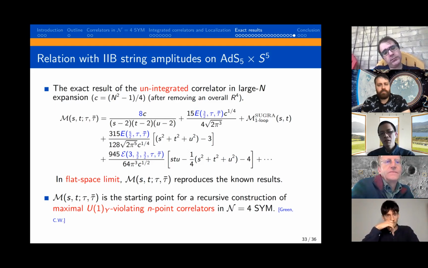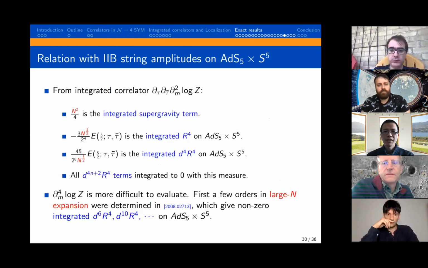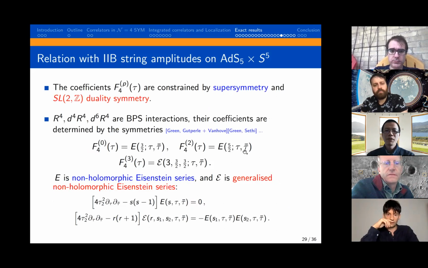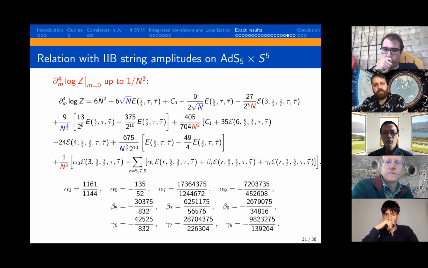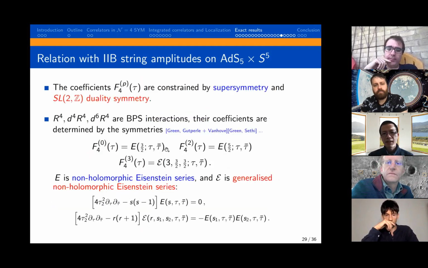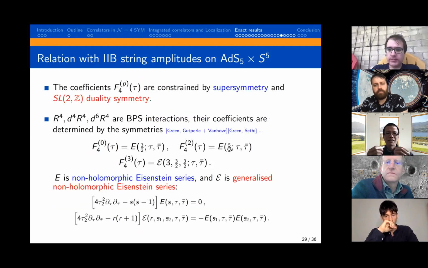But in flat space, one way to derive this result is to understand how the supersymmetry constrains the amplitudes in flat space. I cannot say too much detail, but it turns out you have to study the 6-point amplitude to really derive those results from the amplitude point of view.